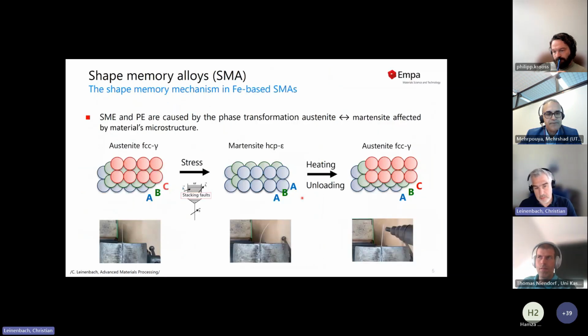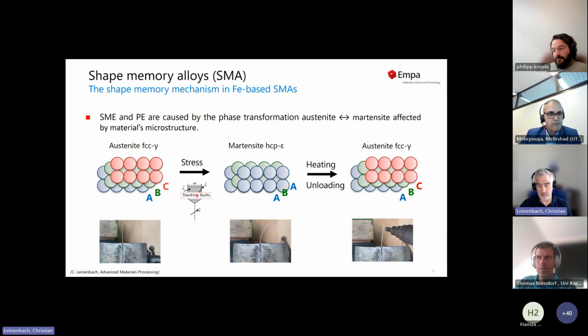Just to remind the people how the shape memory effect works, that's a bit different from the nickel titanium alloys. So we have something that is more similar to a transformation-induced plasticity type of steel, so a TRIP steel. We do have a deformation-induced phase transformation from austenite, so FCC gamma parent phase, into a hexagonal phase upon loading.